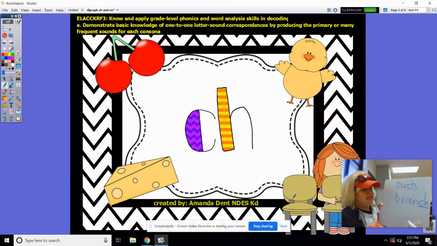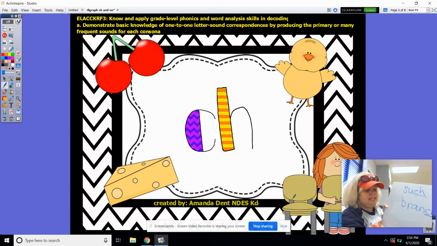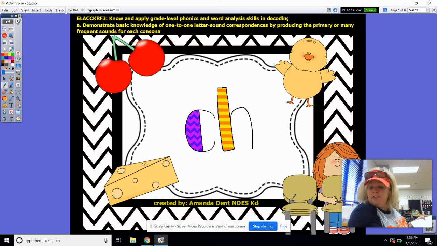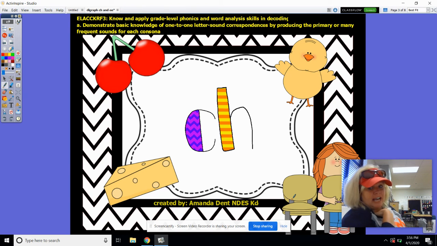Very, very nice. Now, let me ask you this. I wonder what our picture card will be for the digraph CH. I wonder what a good picture cue would be for me to remember the CH sound. See if you can guess it. This is a kind of food, and it's made from milk and comes in many different kinds.